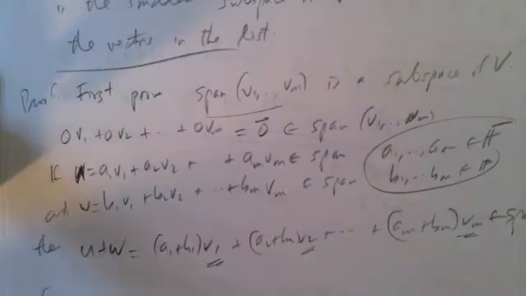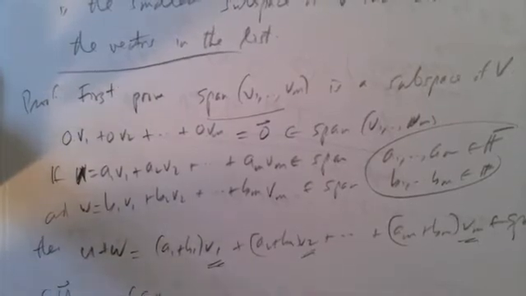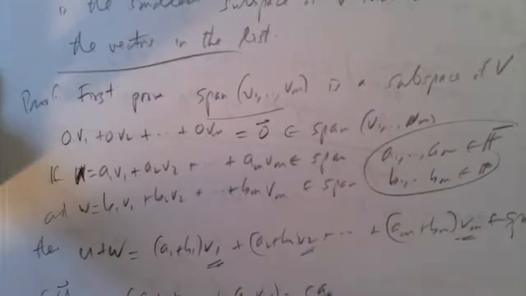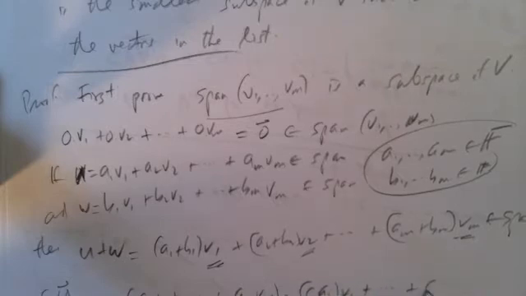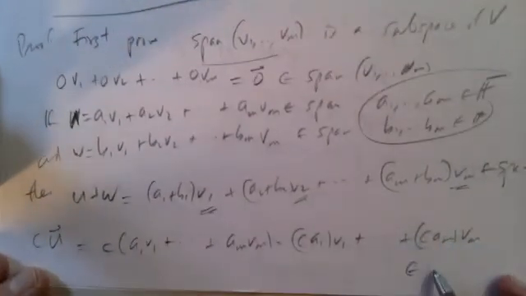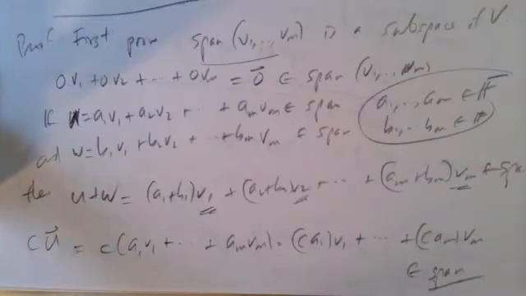And if I take a scalar c and multiply it, for example, by the vector u in the span, that's c times A1 V1 up to Am Vm. That's cA1 V1 up to cAm V sub m, which is in the span. So the span of a list of vectors is a set of vectors that contains the zero vector and is closed under vector addition and scalar multiplication.